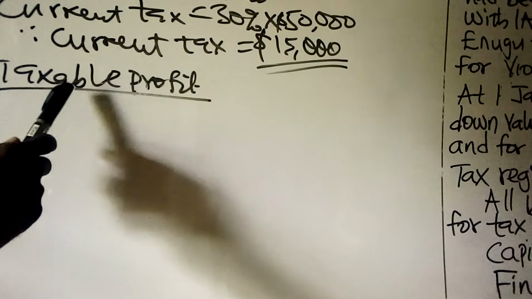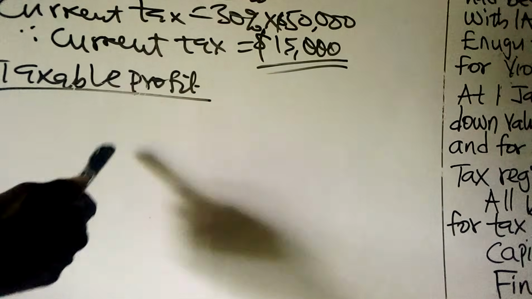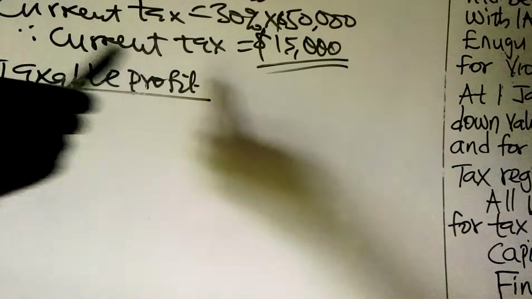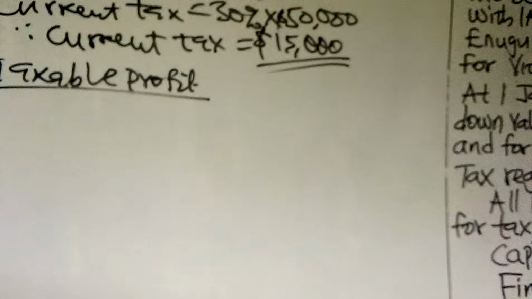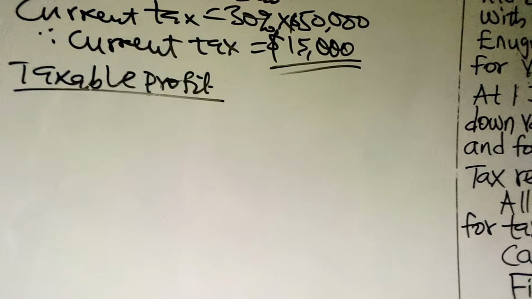The amount of profit you determine by following the tax rules in a given tax jurisdiction is said to be the taxable profit.